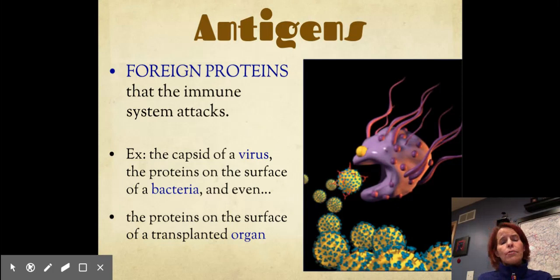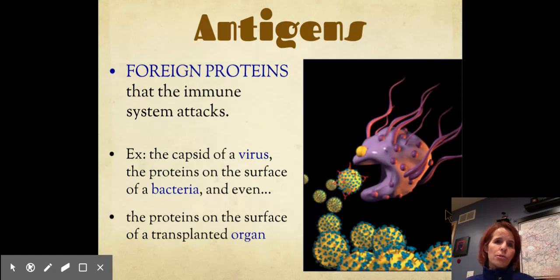Now that works great if you're talking about the foreign proteins on the outside of a virus or on the outside of a bacteria. When it becomes kind of a hassle, though, is when the white blood cells encounter the foreign proteins on the surface of a transplanted organ. That makes transplanting organs really difficult. We talk about being a tissue match with somebody. That means that the proteins have to be really similar. We try to trick the immune system into accepting somebody else's kidney as our own.